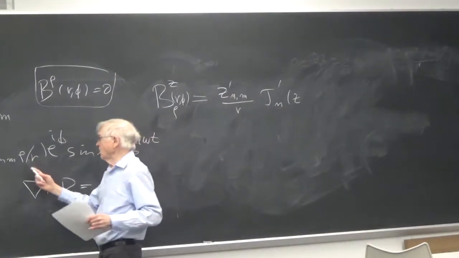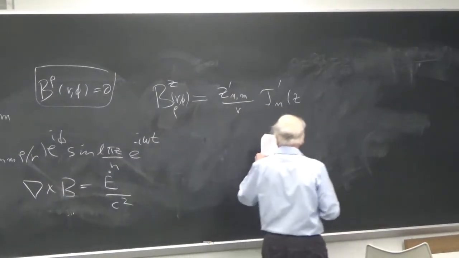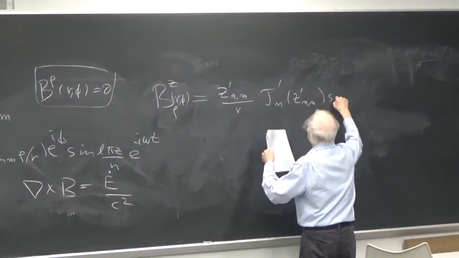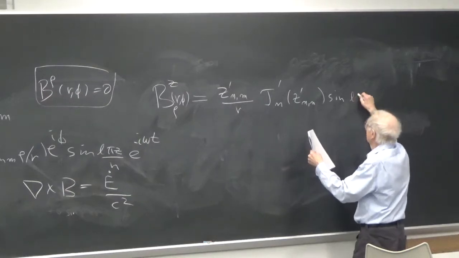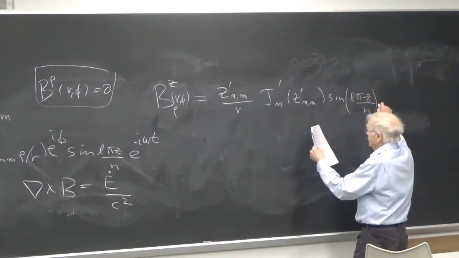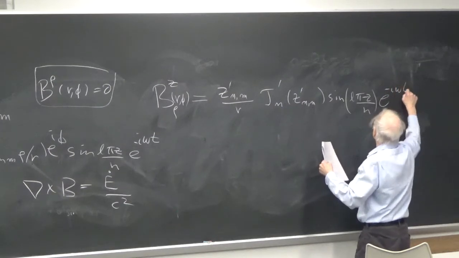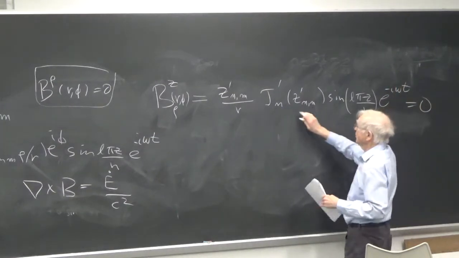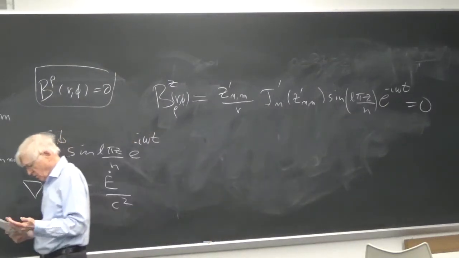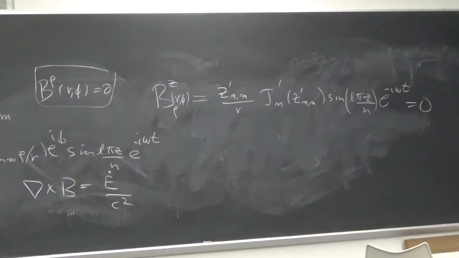Setting rho equal to R, we just get J prime N M sine L pi Z over H e to the minus I omega T. So that's obviously 0 because Z prime is 0 of J prime.